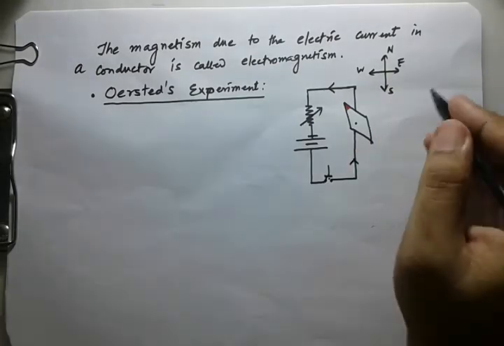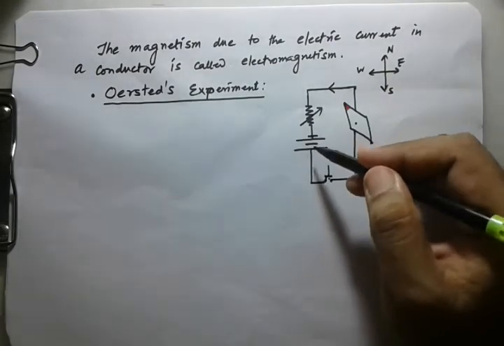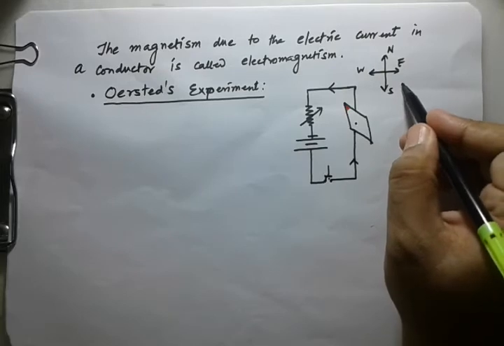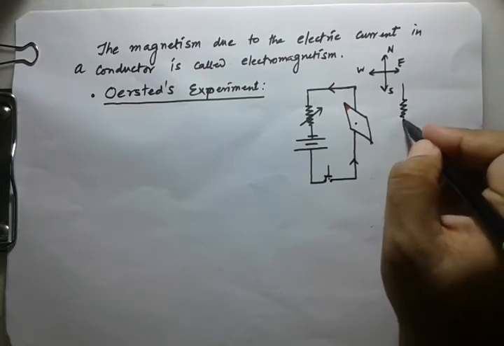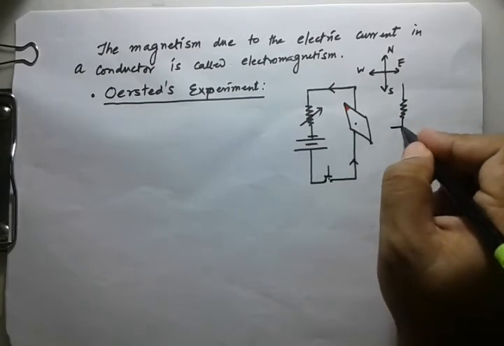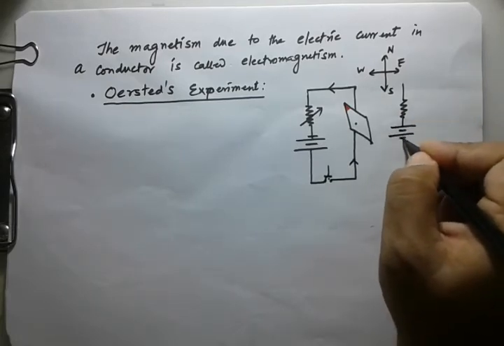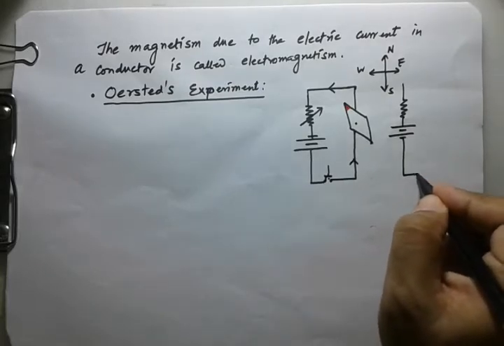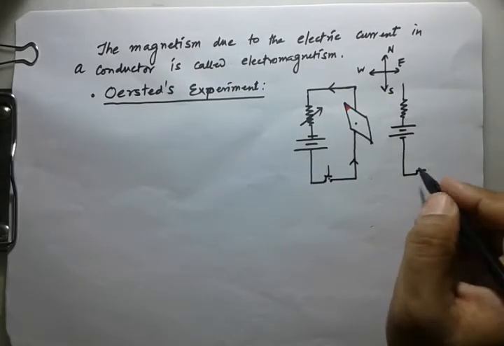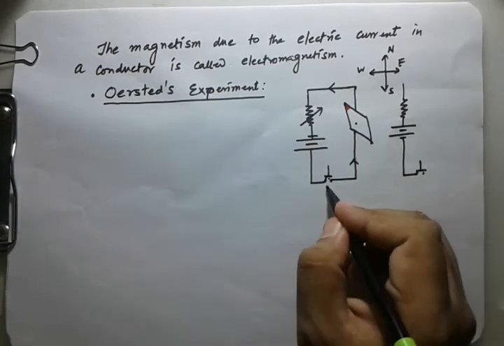Now a similar diagram will be drawn when the battery is in the opposite direction. Same thing, and the switch K is there.